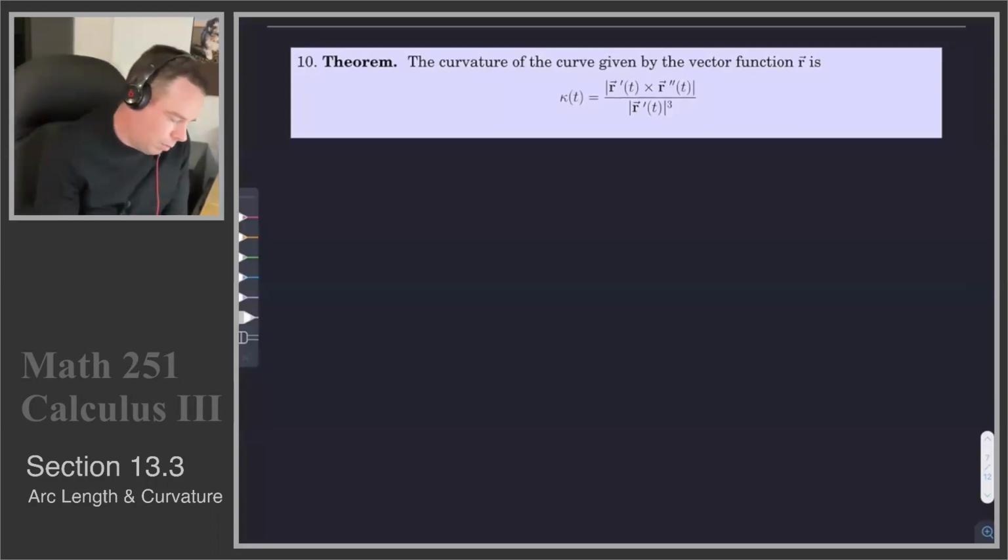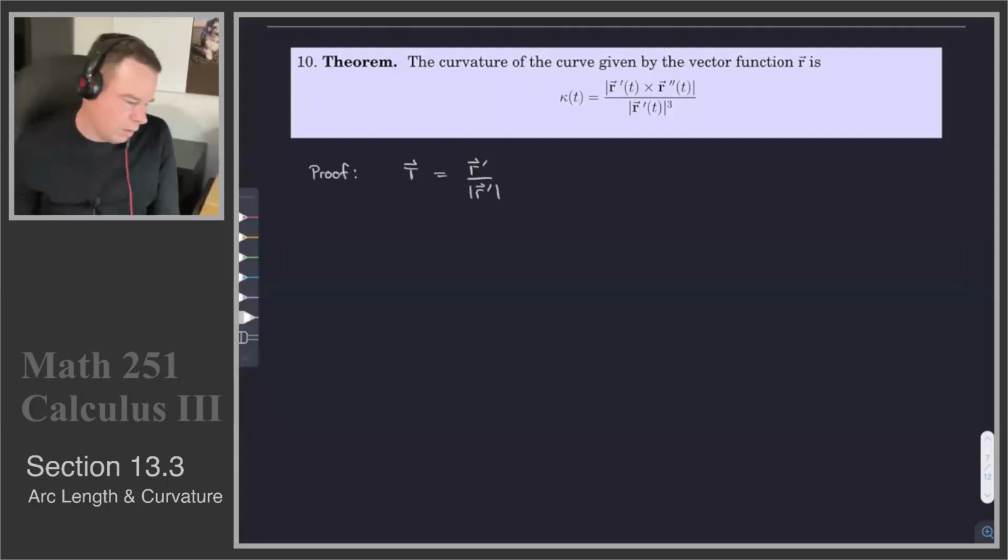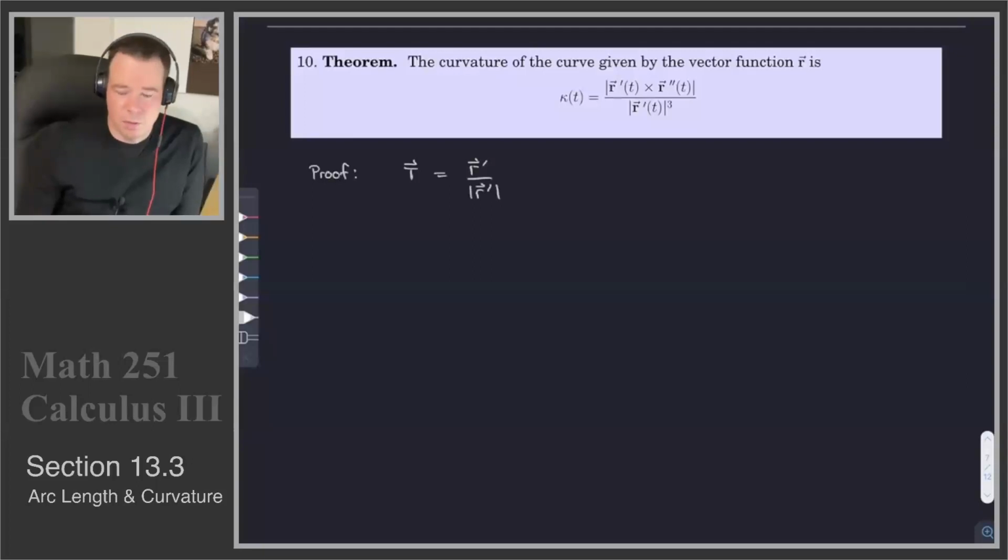So how can we prove that this formula is correct? We'll give a proof of this, and we'll base it off of our fact that our unit tangent vector is given by r prime over the magnitude of r prime. I'm doing this because we've already got the definition of curvature in terms of the rate of change of our unit tangent vector, so I'm going to make this my starting point.